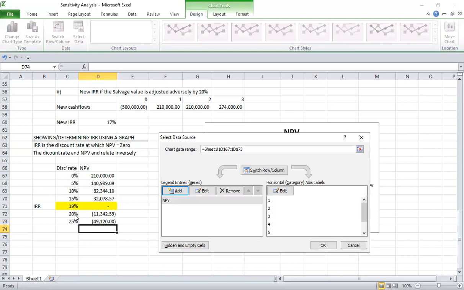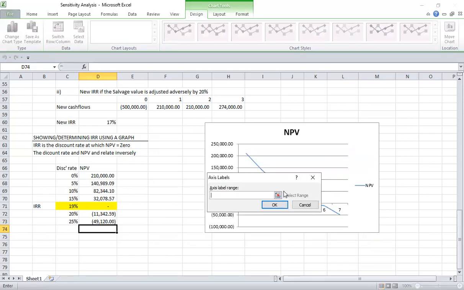If that is the case, then of course you'll come back to this window again. On the right hand side, you have the part called edit. So click on it. When you click on it, you are taken to a smaller window called axis labels. And then we are told that we have the axis label range.